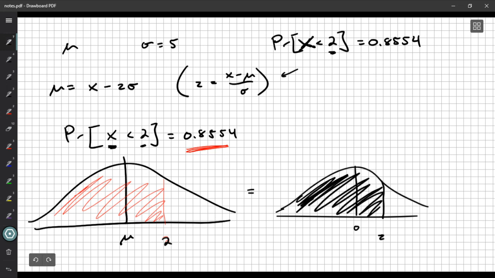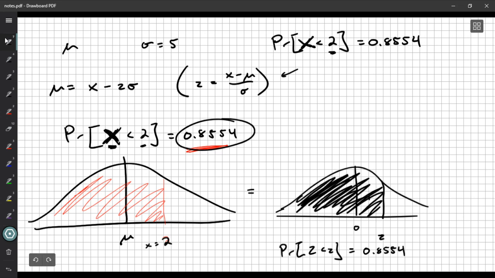But the point is the probability here is still shaded to the left. Probability doesn't switch sides when we do this. And the area is the same. So what we have here is there's this little z associated to our little x of 2, not our capital X random variable. But this little z here gives us the same probability.